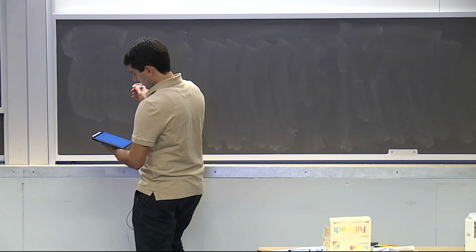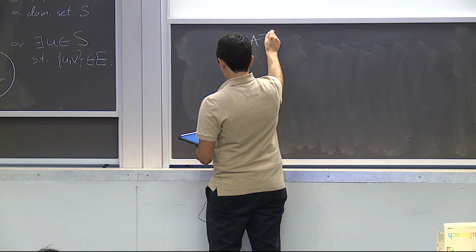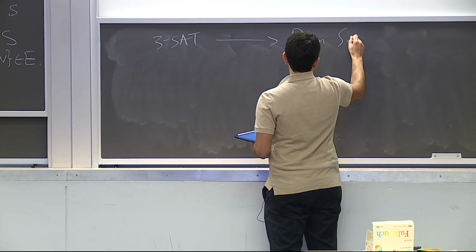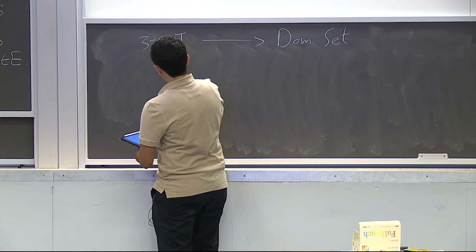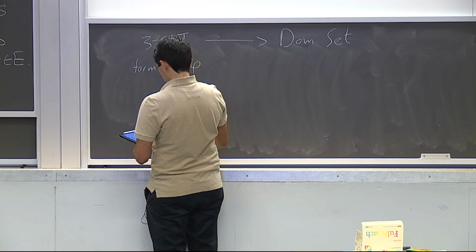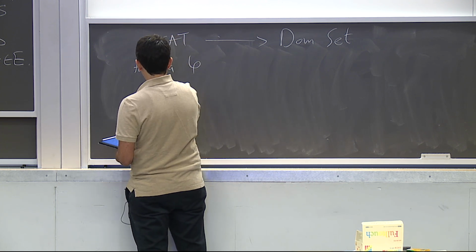So there's some reduction where you take 3-SAT and go to dominating set. Right here we have some formula on n variables and m clauses.